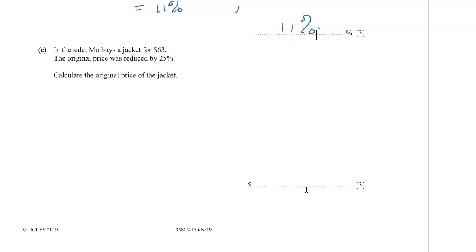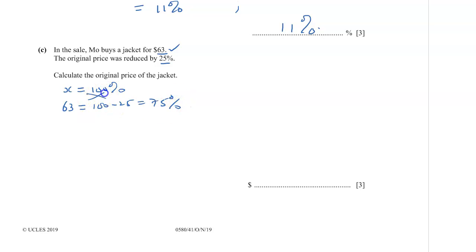Part C. In the sale, Mo buys a jacket for $63. The original price was reduced by 25%. Calculate the original price of the jacket. Let the original price be X, which is 100%. Then what Mo bought, which is 63, is equal to 100 minus 25, which is 75%.